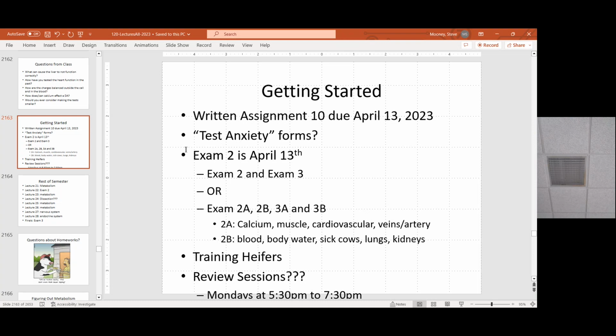So your choice is you can do all that this Thursday, or just do the first half, and then we'd have to find another time outside of class where you all can meet to take the second half of the exam.